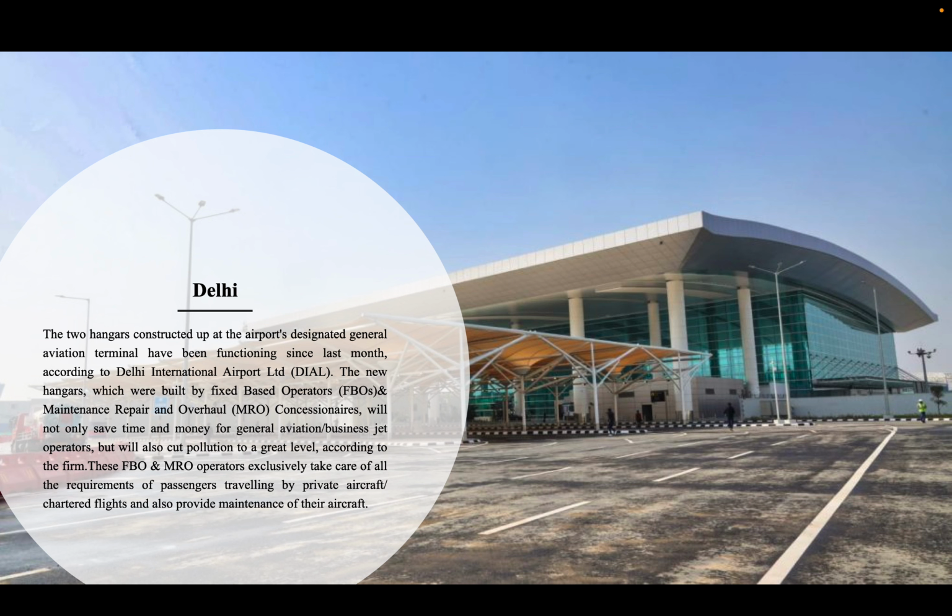The new hangars, which were built by fixed base operators (FBOs) and maintenance, repair and overhaul concessionaries, will not only save time and money for general aviation jet operators but will also cut pollution to a great level, according to the firm. These FBO and MRO operators exclusively take care of all the requirements of passengers traveling by private aircraft, chartered flights, and also provide maintenance of the aircraft.